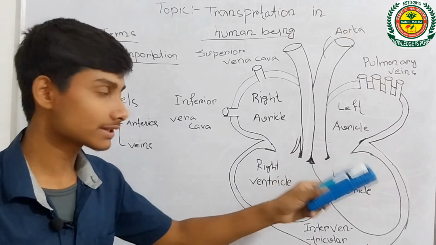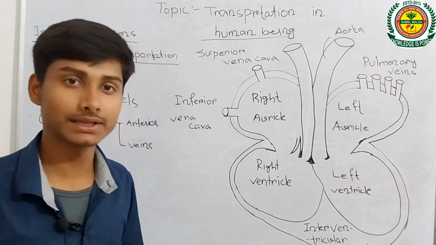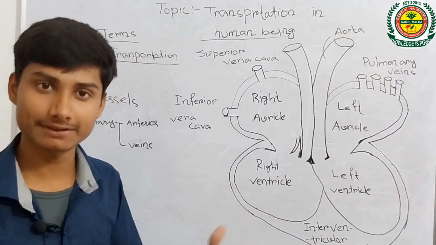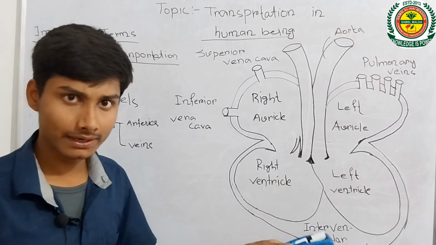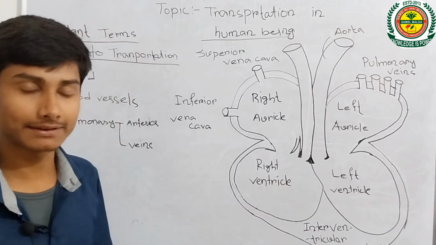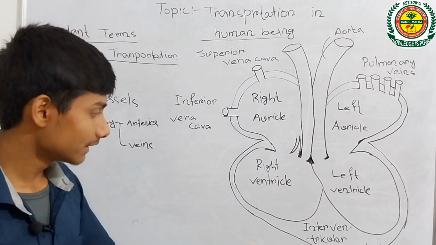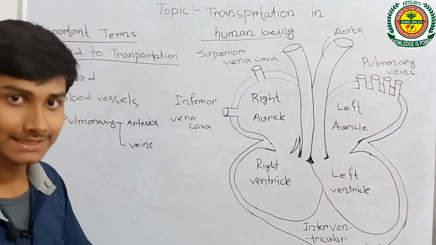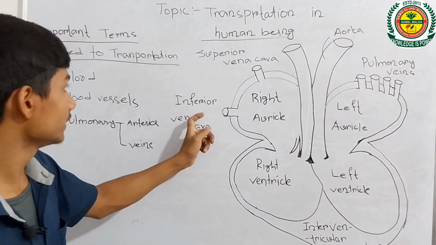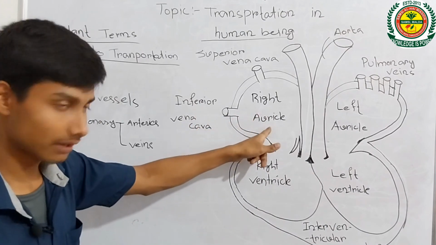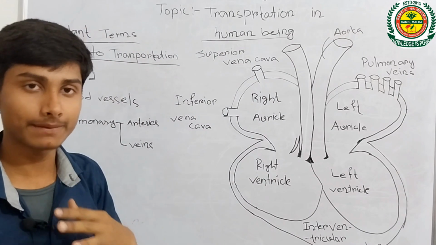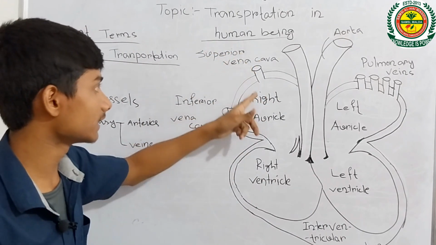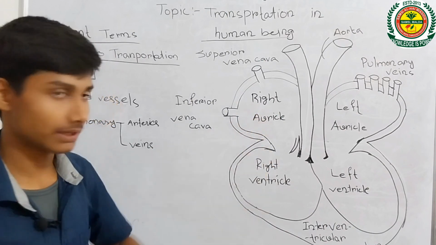When the carbon dioxide mixes with the blood, it becomes deoxygenated blood, or carbon dioxide rich blood. When this blood is released by the cells, it goes through the veins. From the lower part of the body, the deoxygenated blood goes through the inferior vena cava and enters the right auricle, and from the upper part of the body, the superior vena cava takes the deoxygenated blood and enters into the right auricle.